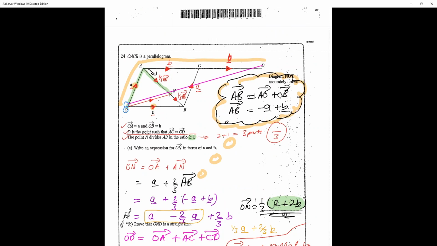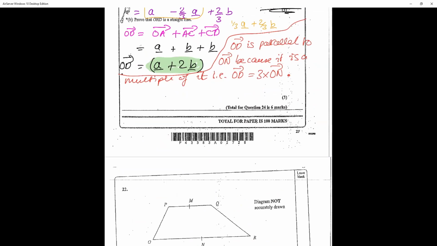Exactly. So O to D and O to N have a common starting point O. So both vectors start from the same place and they're parallel.